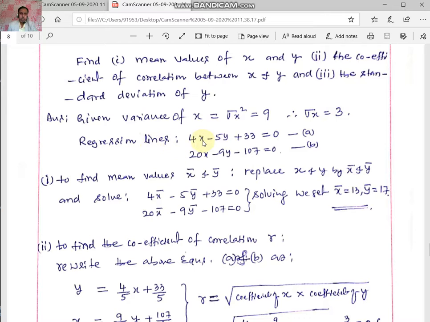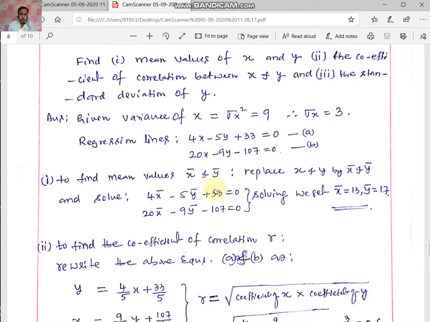Regression lines are 4x minus 5y plus 33 is equal to 0, 20x minus 9y minus 107 is equal to 0. So these are the regression lines. Now the question is, to find mean values x bar, y bar, replace x and y by x bar, y bar in regression lines A and B. Here in these two equations, change x to x bar, y to y bar in both the equations.